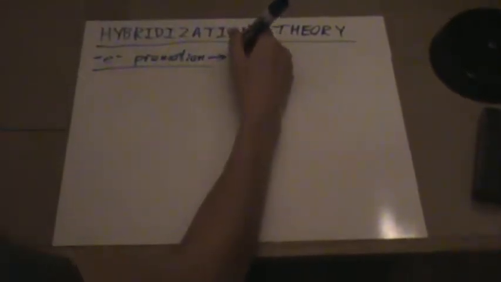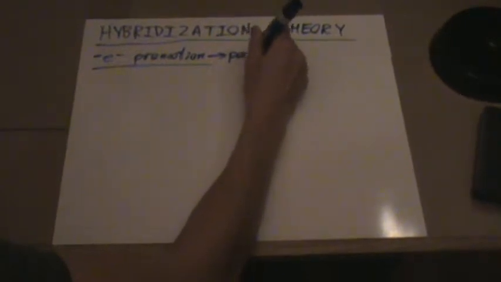Okay, so in the first video, we were introduced to the idea of hybridization and the idea of electron promotion, and how this enables atoms to free up orbitals to pair electrons in bonding. So, pairing of electrons in which one electron is donated from one species and one electron is donated from the other species.